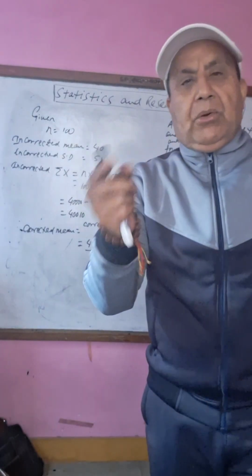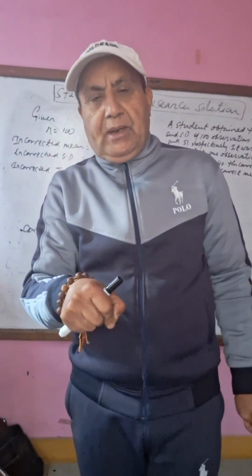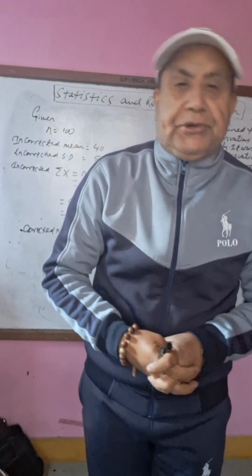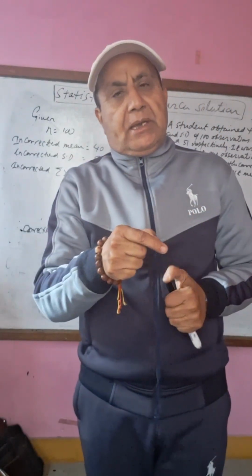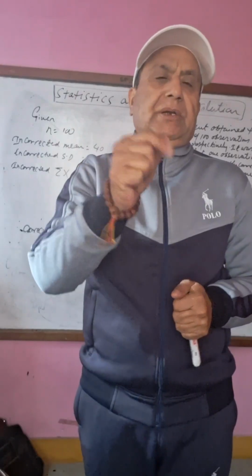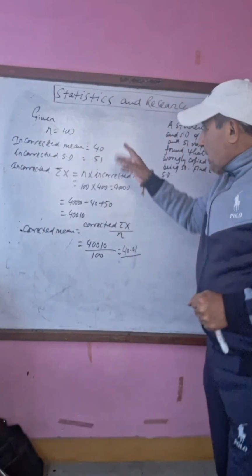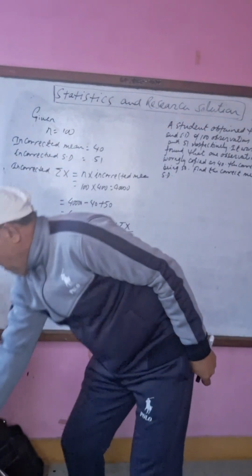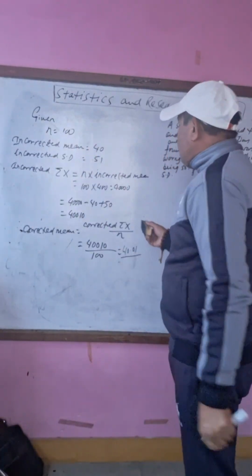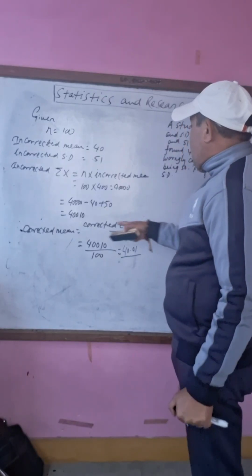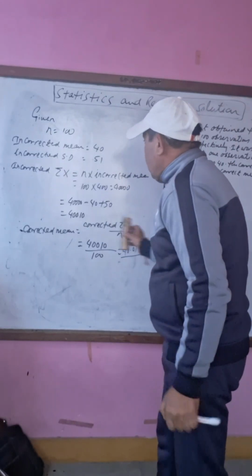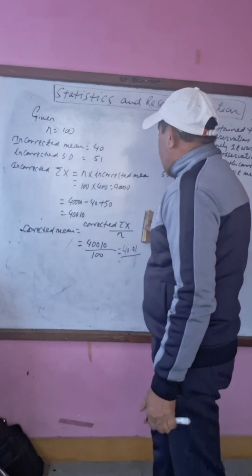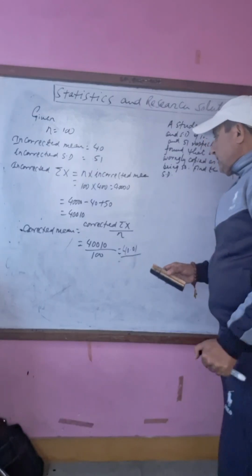So in this way, we make the correction over the mean. Now, how do we correct the standard deviation? Another question: the standard deviation also we need to correct. Up to this it is the same. You need to calculate the corrected mean, and then the standard deviation.